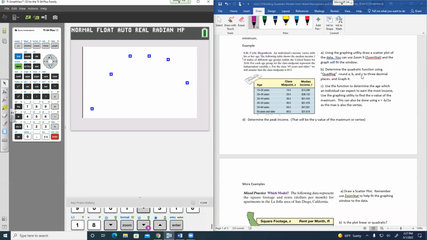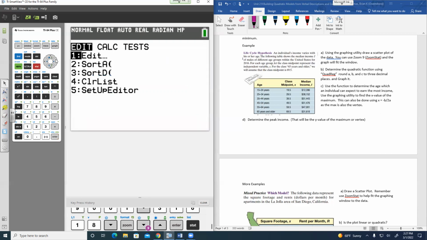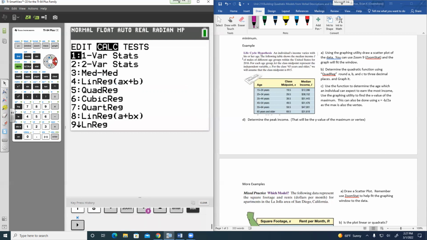So determine the quadratic function using the quad regression. We're going to round A, B, and C to 3 decimal places and graph it. So to do this, we're going to go back to statistics. And remember, under statistics, there's a calculate area. So we slide over one to calculate. And number 4 was the linear regression.